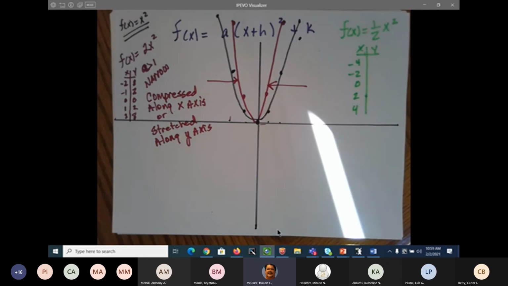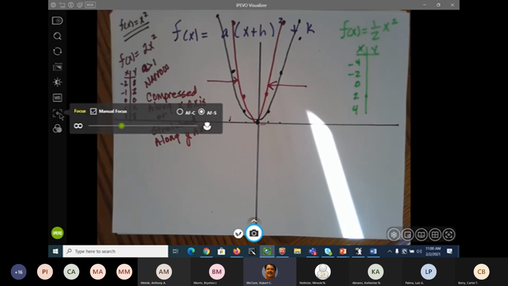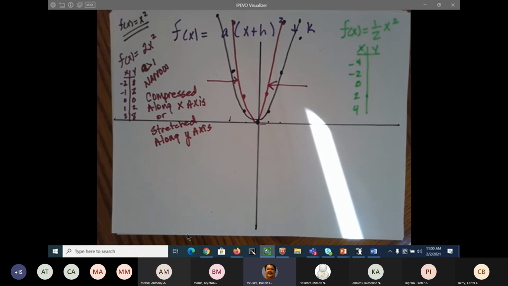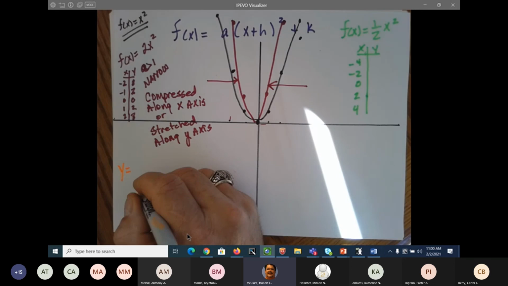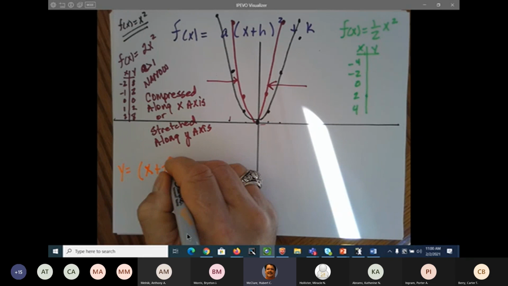Okay, and then I want you to do 2 or 3 more. That looks like it's not focused. I guess it's focused. All right, I got to hurry up because some of y'all are going to explode. I'm going to use an orange. f of x is equal to (x plus 2) quantity squared.